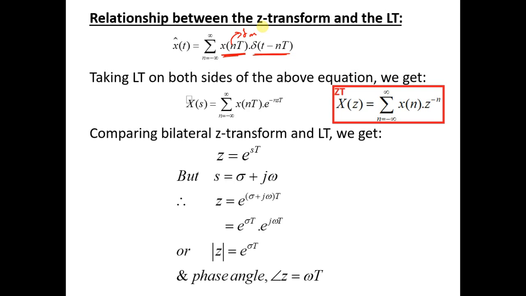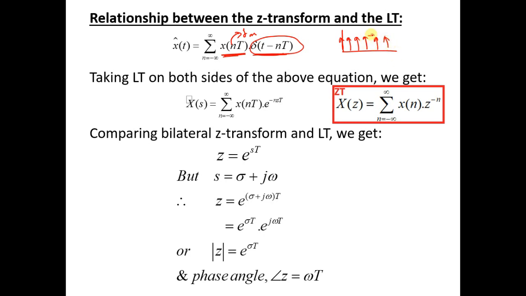Then, apart from this frequency component, you will be having another frequency component. When you are talking about an impulse train, you are having impulses, right?